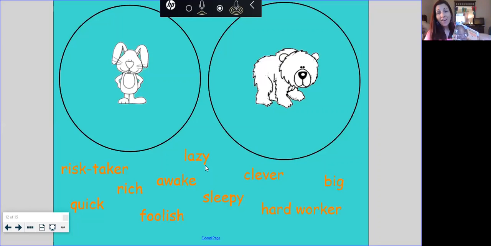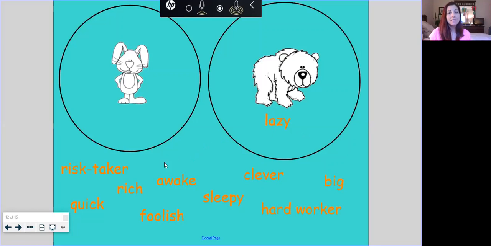We can find that on the first page. Right there, we've got a picture clue, and then it also says it in the words like we heard yesterday. So I'm going to go ahead and drag this word lazy into the circle to describe Bear. Now that's not the only word that's going to describe Bear, but it's one of the traits that describe him.